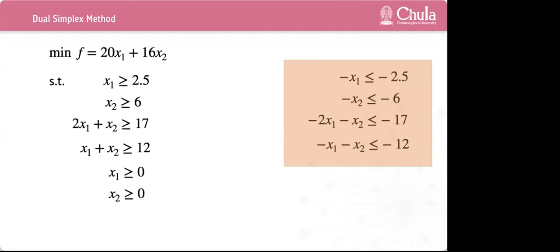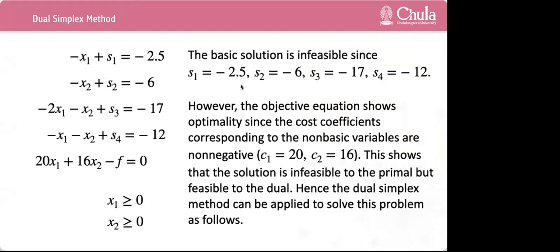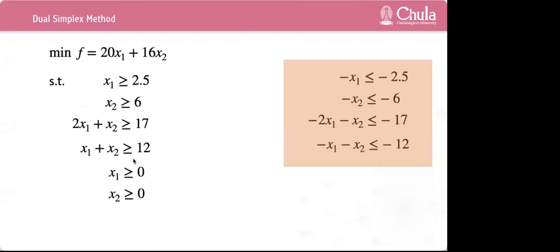So let me explain the concept of the dual simplex method. While we don't have a limitation on the right hand side anymore, remember that for the simplex method we have a limitation, right?